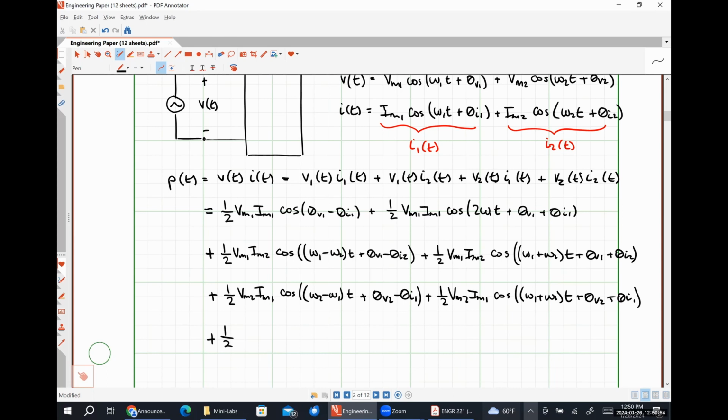Okay. Now I'm multiplying V2 times I2. So V2 times I2 is going to look very similar to V1 times I1.